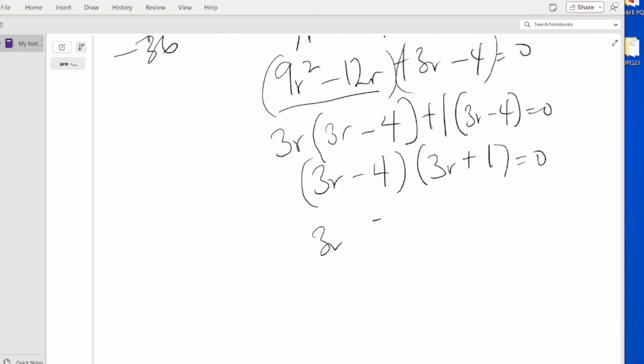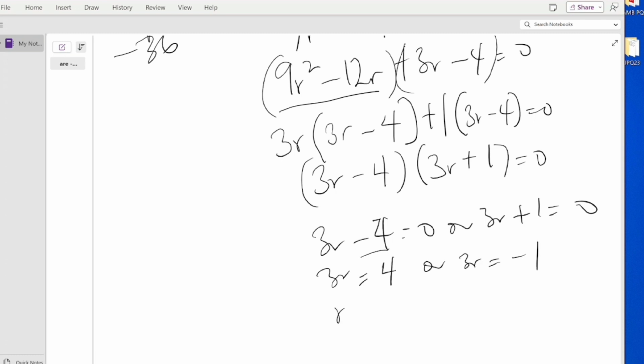Next we have 3R minus 4 equals 0, or 3R plus 1 equals 0. 3R equals 4, as the minus 4 goes to the other side and turns to plus 4, or 3R equals minus 1. R here is 4 over 3, or R on the other side is minus 1 over 3.